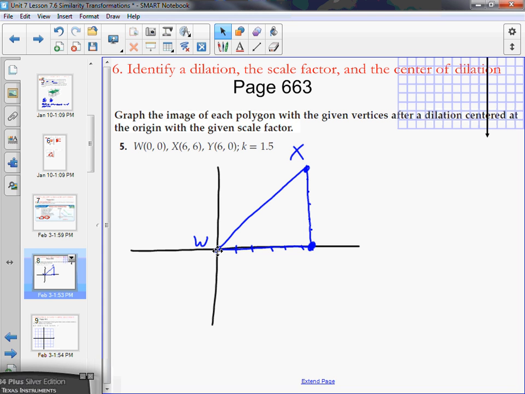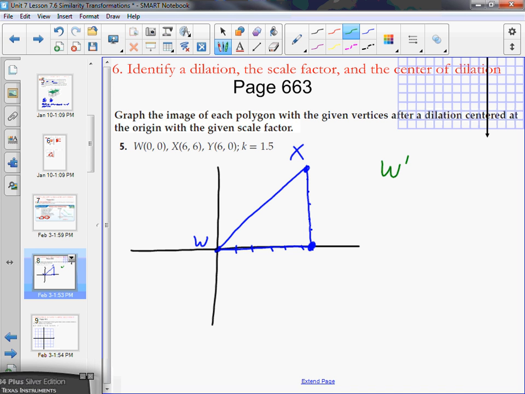Now, according to what I just told you, to get the coordinates of the new figure, you just multiply the coordinates of the original figure by the scale factor. I'm even going to make the new points really easy. The point that corresponds to W, I'm going to call W, and I put a little mark there.